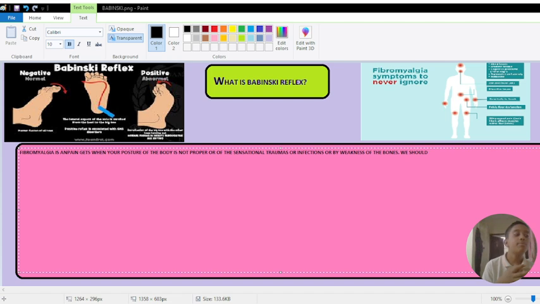The positive patient will have x-rays of the whole body, and if the x-rays look zigzag, or some bones are swelling, or bones are growing from one side or another, then the patient has to be given the Babinski reflex.